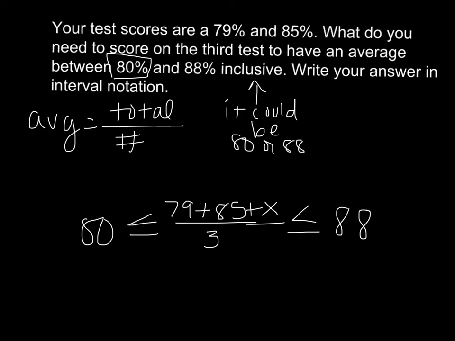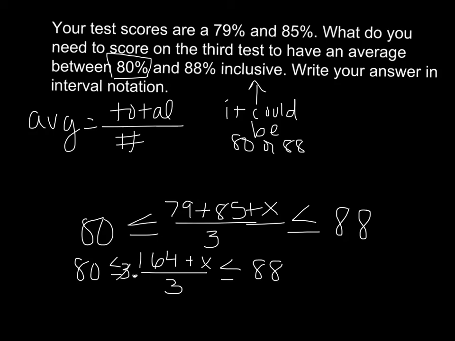Okay, so we had a problem like this in the warm-up. So we're going to add the two numbers on top first. So we have 80 is less than or equal to 79 plus 85, which gives you 164 plus x over 3 is less than or equal to 88. Okay, multiply by the 3 because you're getting rid of the 3 on the bottom.